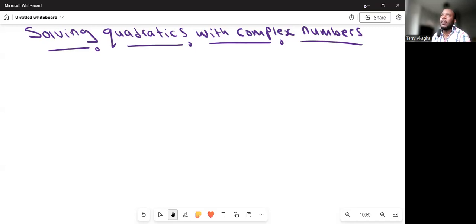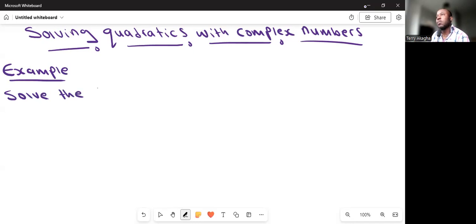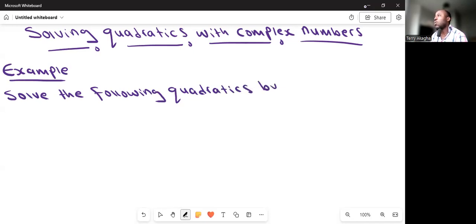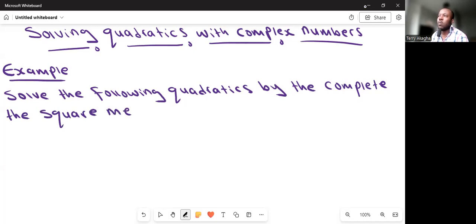All right, so let's just get cracking into this and see what we have. We have an example here. We're told to solve the following quadratics by completing the square or quadratic formula.